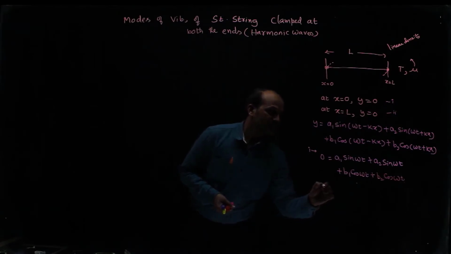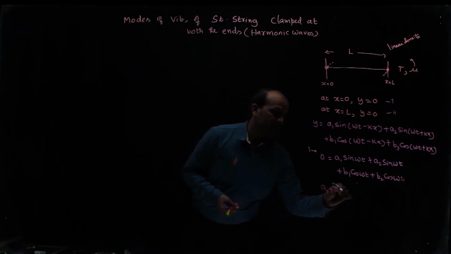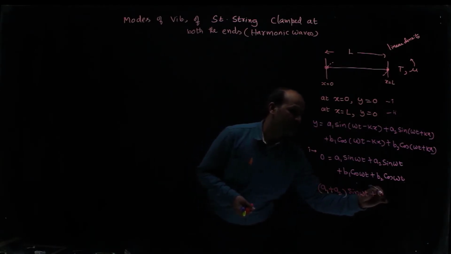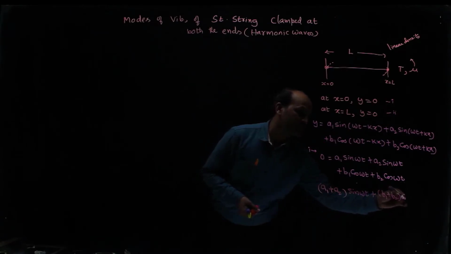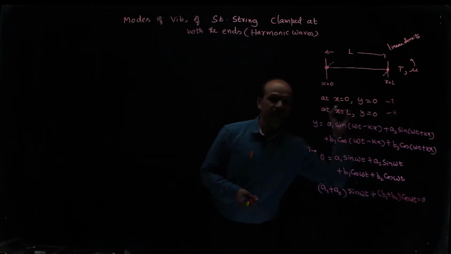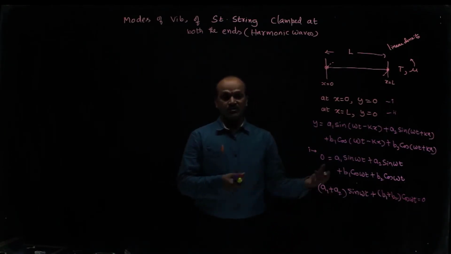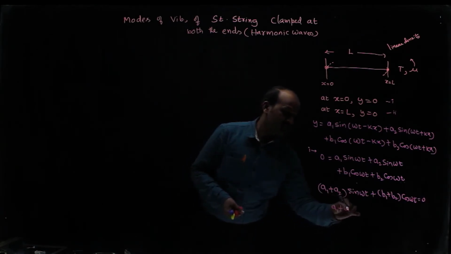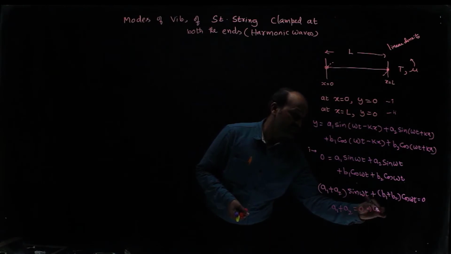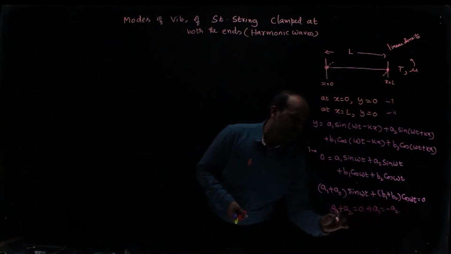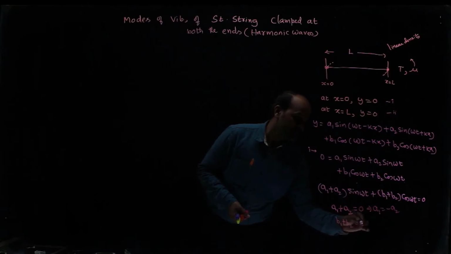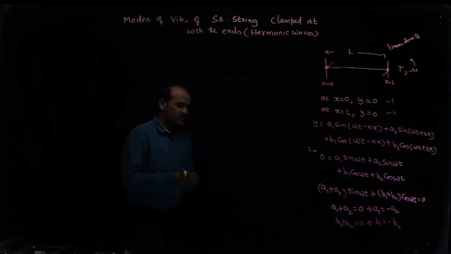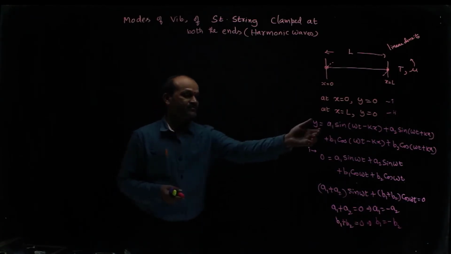If you take sin omega t common, a1 plus a2 into sin omega t, plus if you take cos omega t common, b1 plus b2 into cos omega t is 0. Sin omega t and cos omega t cannot become 0. The only possibility is a1 plus a2 must be 0, and it gives a1 equal to minus a2. And also b1 plus b2 is 0, so it gives b1 equal to minus b2.